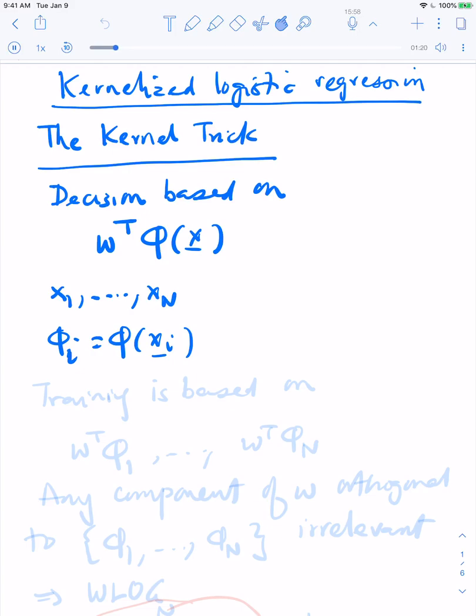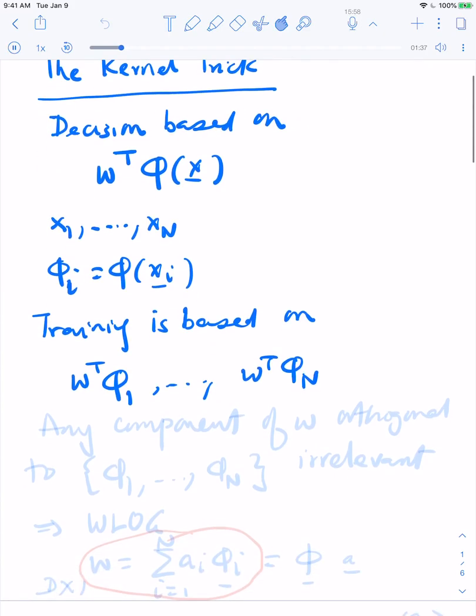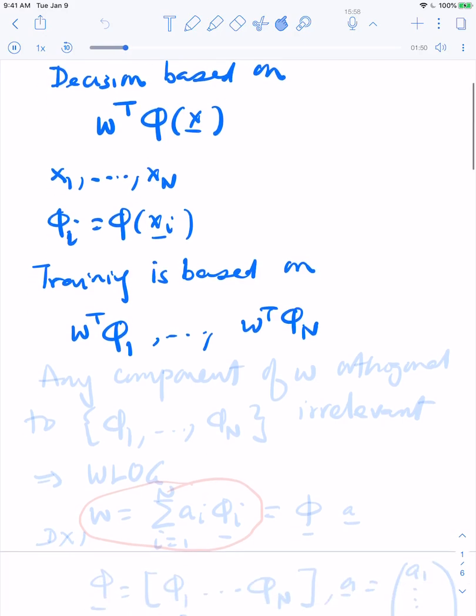So this means that your training is based on these numbers, W transpose phi 1 through W transpose phi n. You don't really have anything else to go by. Because your decision is based on W transpose phi of x, that's what your cost function is going to be based on. So the training is based on only these numbers, and how they evolve as you change W.